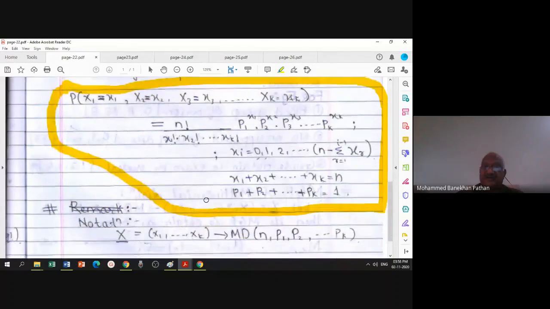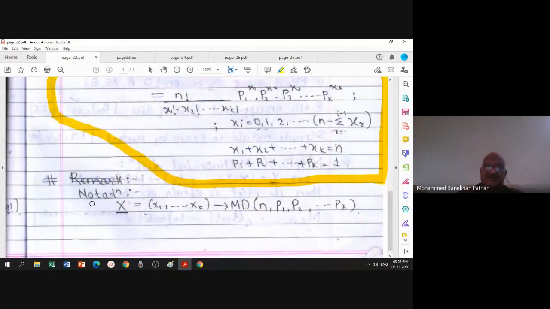After defining this, I have a notation to indicate multinomial distribution. So I write x vector follows multinomial distribution, in bracket. What I write in bracket is called a parameter of that distribution. Just like in NBD, we write the notation x follows NB in bracket k comma p.